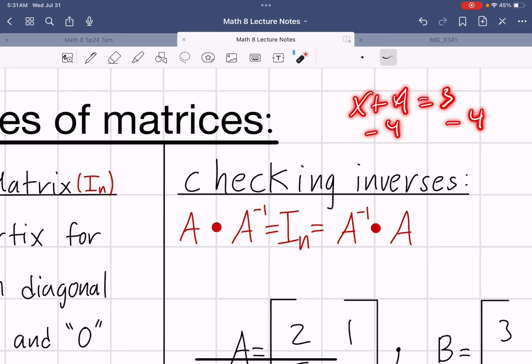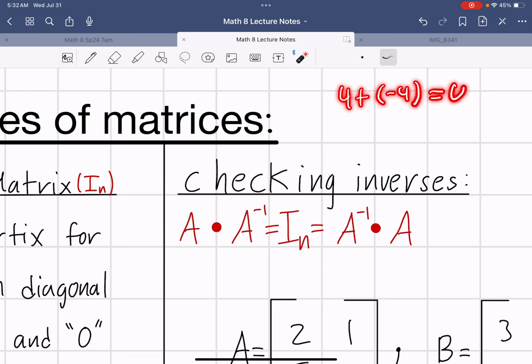Now the idea is positive 4 and negative 4 were actually inverses of each other, because when we apply the operation, I'm left with a 0, right? And it didn't matter. You could do 4 plus negative 4 to give us 0, or you could do negative 4 plus 4, and that would also give us 0. So it didn't matter the order. Both of those orders gave you 0.